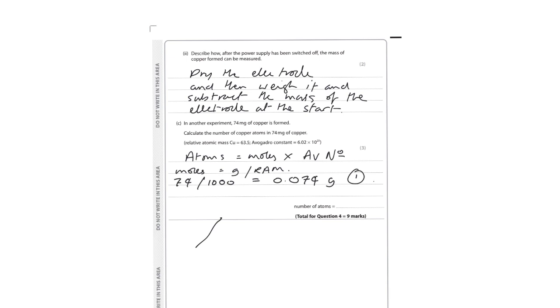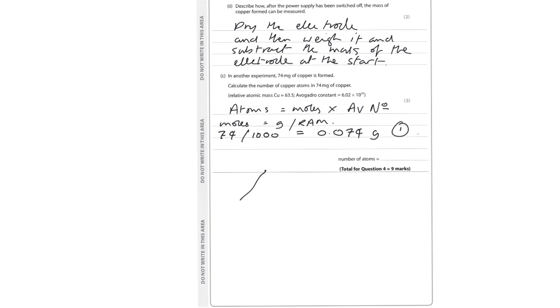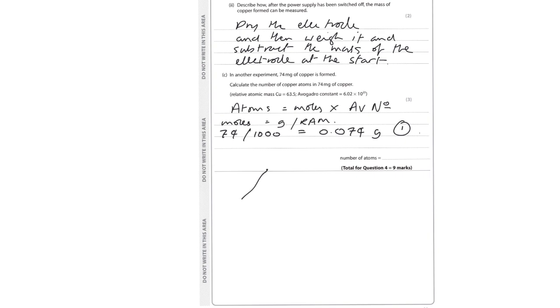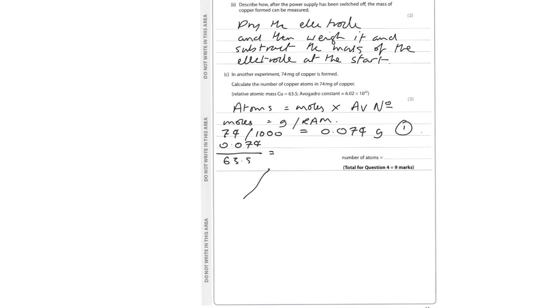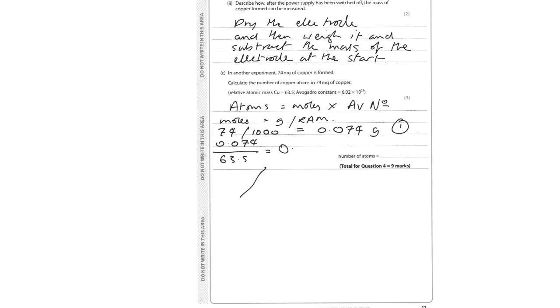And then to get the moles, you divide the grams by the RAM. Well, in this case, it gives you the relative atomic mass of copper as 63.5. So 0.074 divided by 63.5 equals, well, that gives a value of 0.001165 moles.